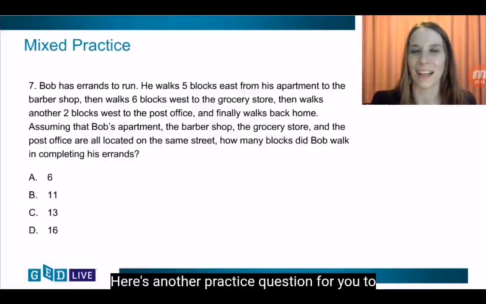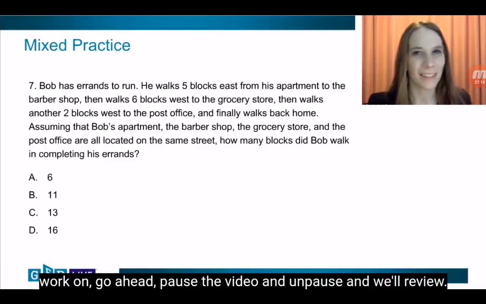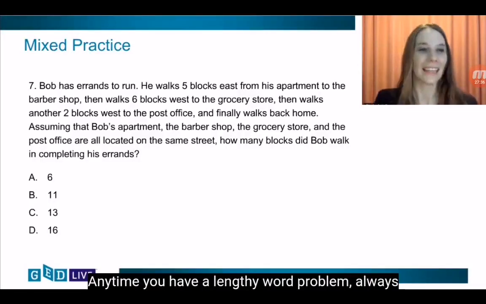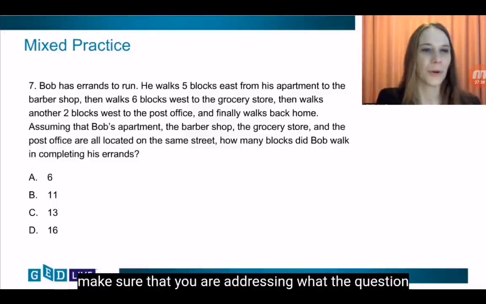All right, here's another practice question for you to work on. Go ahead, pause the video and unpause, and we'll review. Anytime you have a lengthy word problem, always make sure that you are addressing what the question is asking.